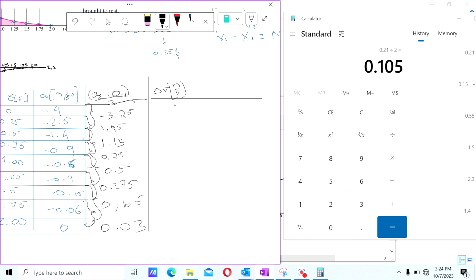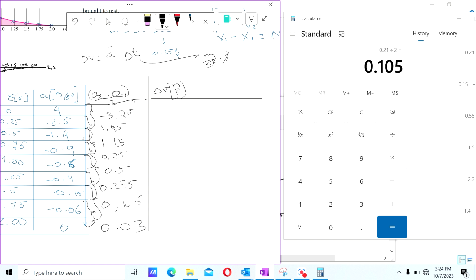In that case, it's going to be pretty simple because we already have the acceleration and we have the time. So delta V, as we said before, will be the average acceleration times delta t, right? Because if we look at this formula, we have meters per second squared, and if we multiply times second, then it's meters per second, which is velocity. Okay, so let's do that.